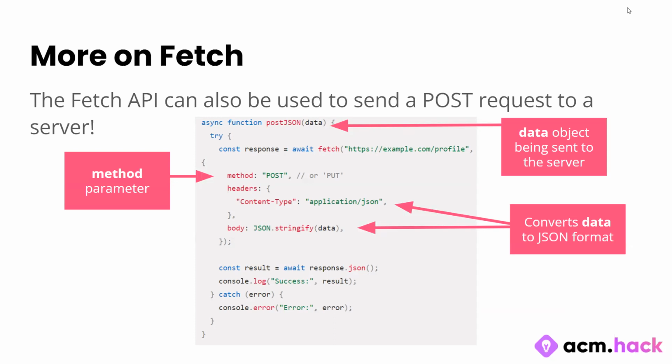Then these two parts at the bottom with the arrows just let the server know that you're sending JSON data. That's what this content type attribute is.